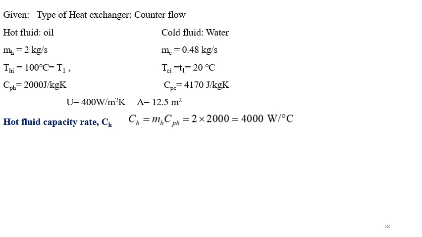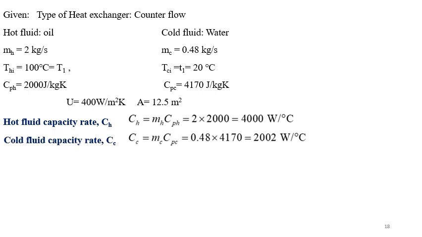And similarly we have to calculate the heat capacity rate of the cold fluid, Cc: 0.48 into 4170, which is equal to 2002 watt per degree centigrade. From this, we can decide which is the maximum heat capacity rate and which is the minimum, Cmin and Cmax. Therefore, here Cmax is CH and Cmin is Cc, depending upon the value.